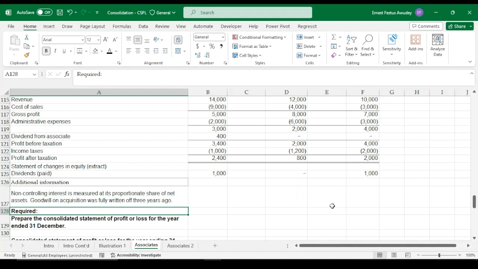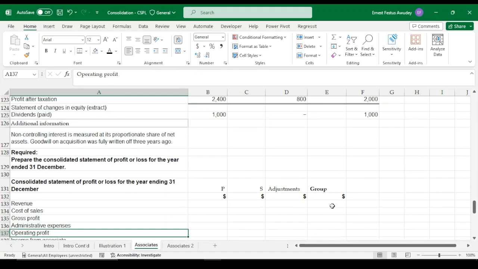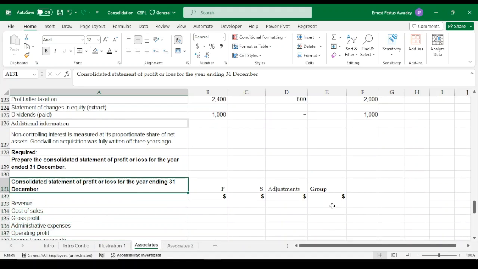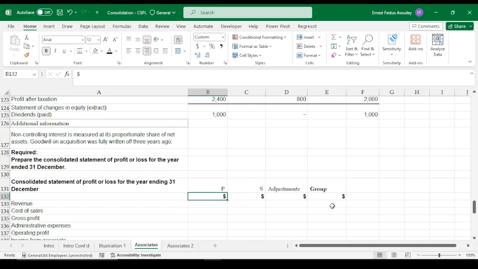So we have the requirements here. Prepare the consolidated statement of profit or loss for the year ended 31st December 20XX. So we have the heading, consolidated statement of profit or loss for the year ended. Then we'll have our figures here, just as we have in the consolidated statements of financial position. We have our parent, the subsidiary, any adjustments, and then the group figure.